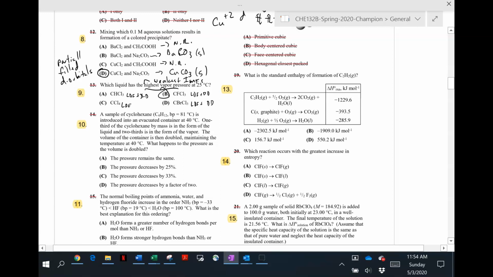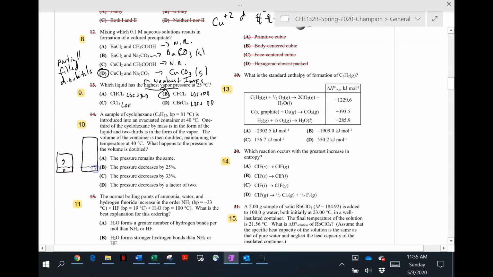What happens to the pressure as the volume is doubled? So we've got our container here. We've got our liquid and our gas. And then we double that container. Say if it's a piston here, we pull this piston out so that the volume is doubled.